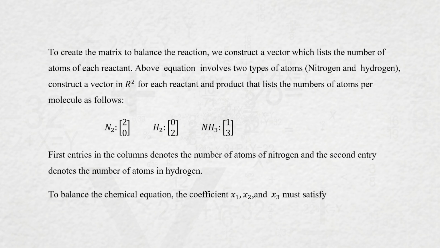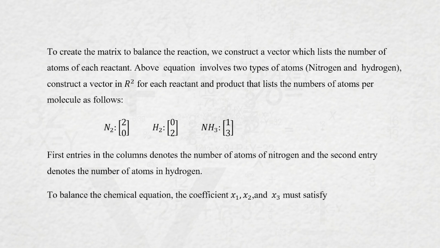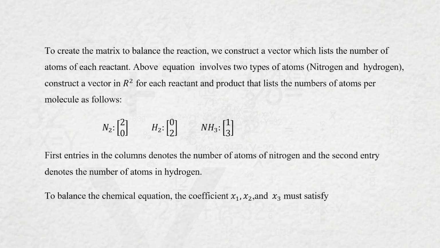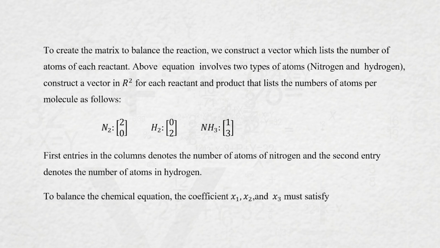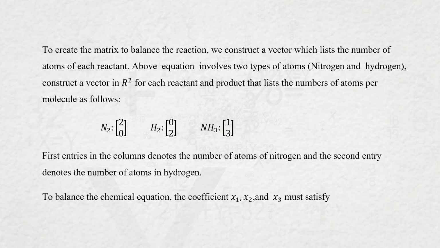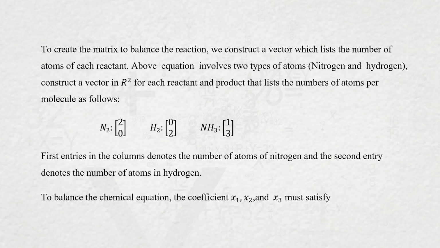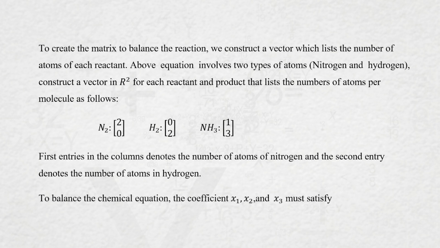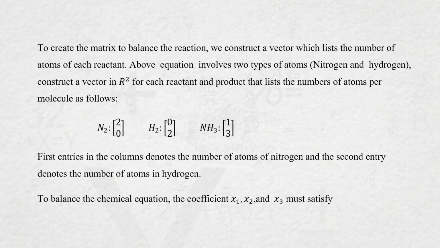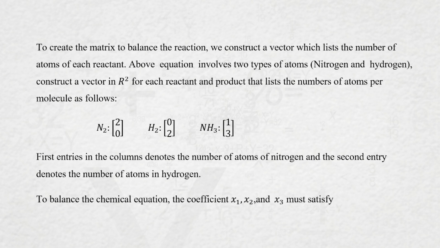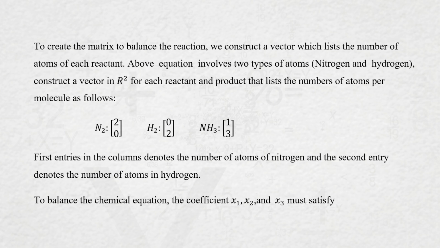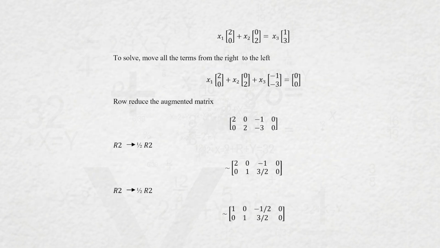You can see here we are creating a vector for N2, that is (2, 0), for hydrogen (0, 2), and for ammonia NH3 it is (1, 3). The first entry in the columns denotes the number of atoms of nitrogen and the second entry denotes the number of atoms of hydrogen.